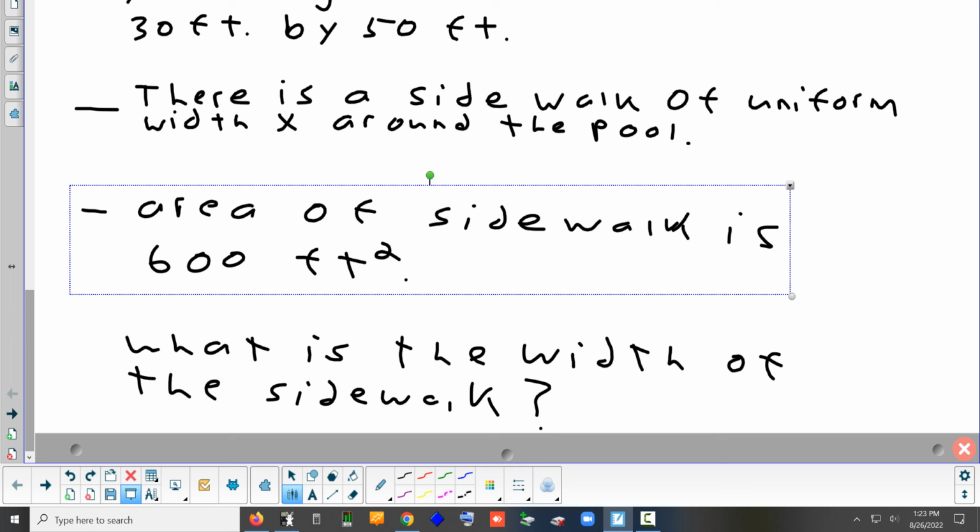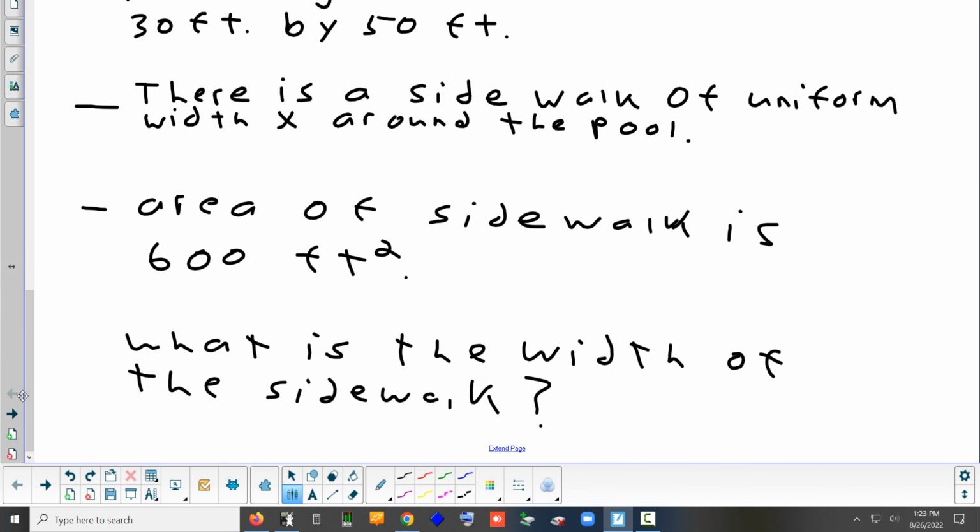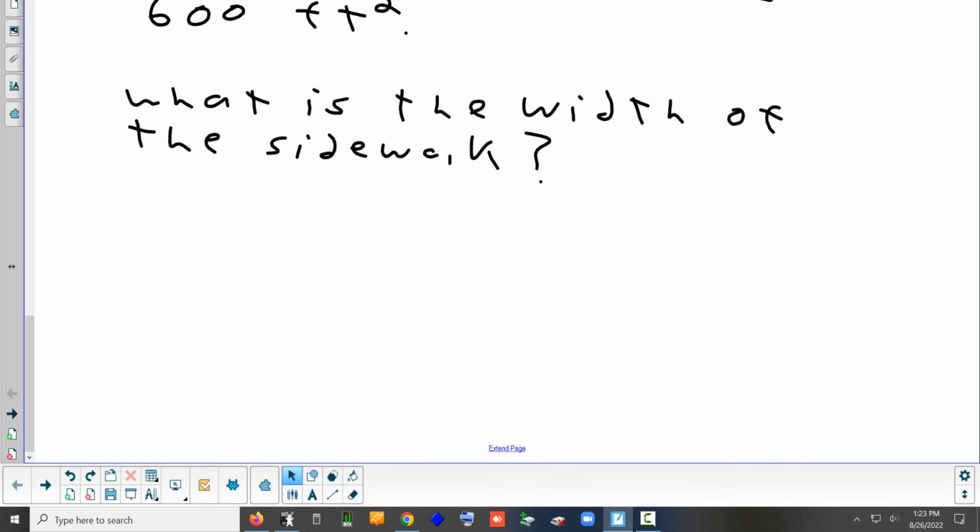Okay, let's see that. So there's a lot of different pieces of information there. What do you think would help us to see all this information better than having it written as sentences? Yeah, let's make a diagram. So the first thing I'd like to do, I want to draw a rectangle that represents the pool, 30 by 50.